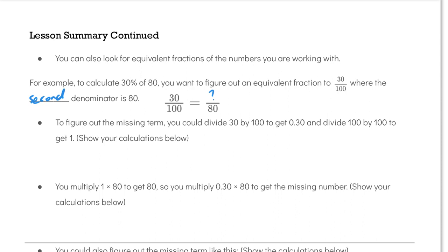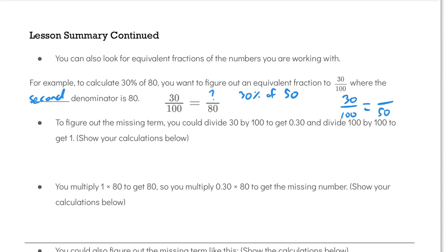In this case, I can't divide 100 by a whole number and reach 80. So I can't do this in one step. It's going to be a two-step process. If I wanted it to be a one-step process, I could do that if, let's say, I wanted to see what 30% of 50 was. Well, I could set this up like this. 30 out of 100 is the same as something out of 50.